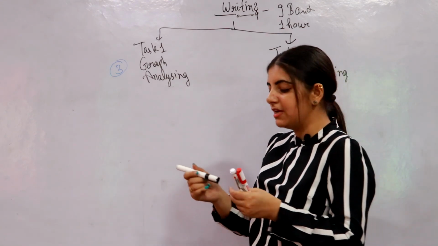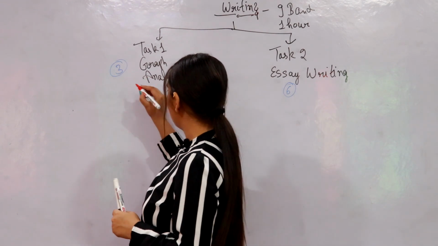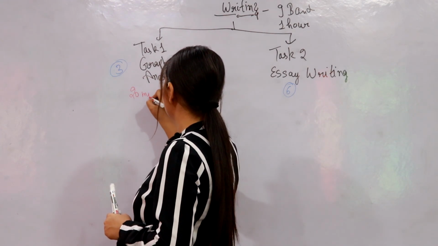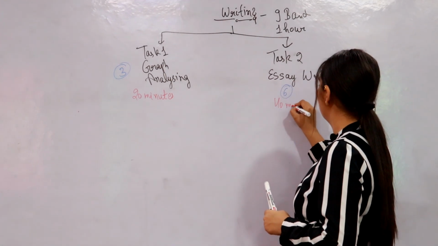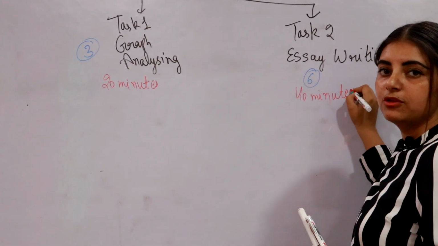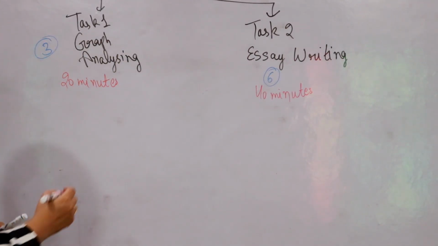So accordingly we have to spend the equal time on these 2 tasks. On writing task 1 you have to spend 20 minutes, and on writing task 2 you have to spend 40 minutes. So let's talk about the task 1 first.